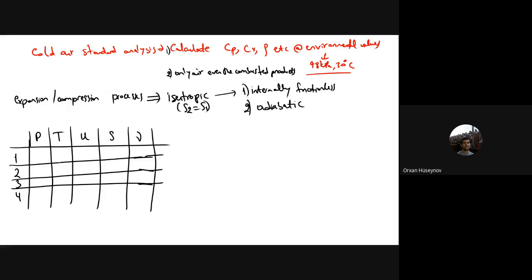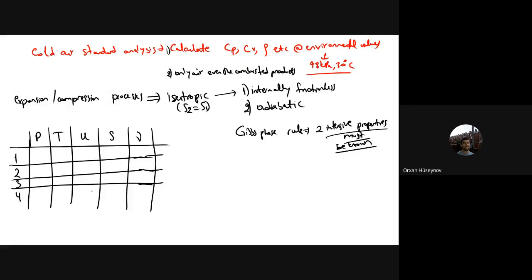To find the values at any state, if you remember the Gibbs phase rule, it says that you need to know 2 intensive properties. For this case, all of them are intensive properties. If you know 2 intensive properties, you can find any third.